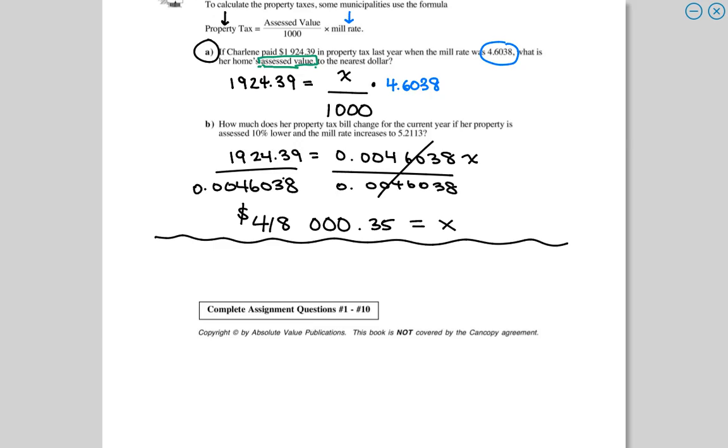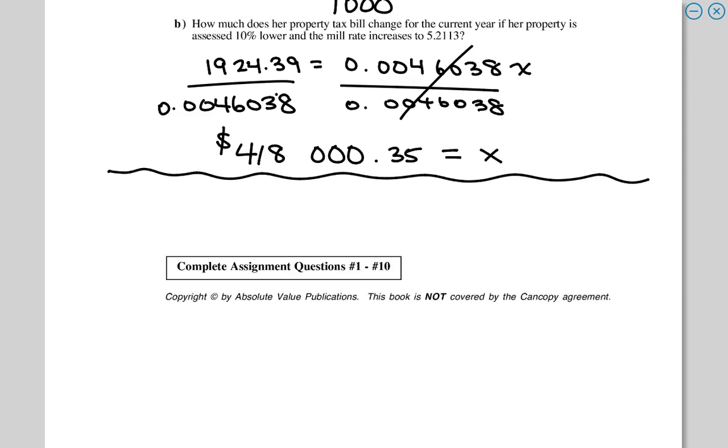Now what we need to do is answer part B. Part B tells us that the property tax is going to change when the assessed price is 10% lower and the mill rate is going to increase. So the first thing that we're going to do is take care of this 10%.